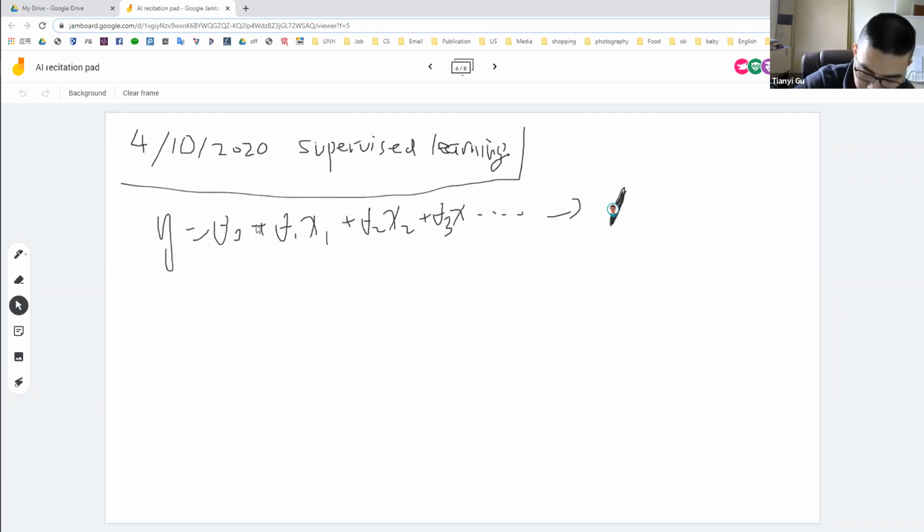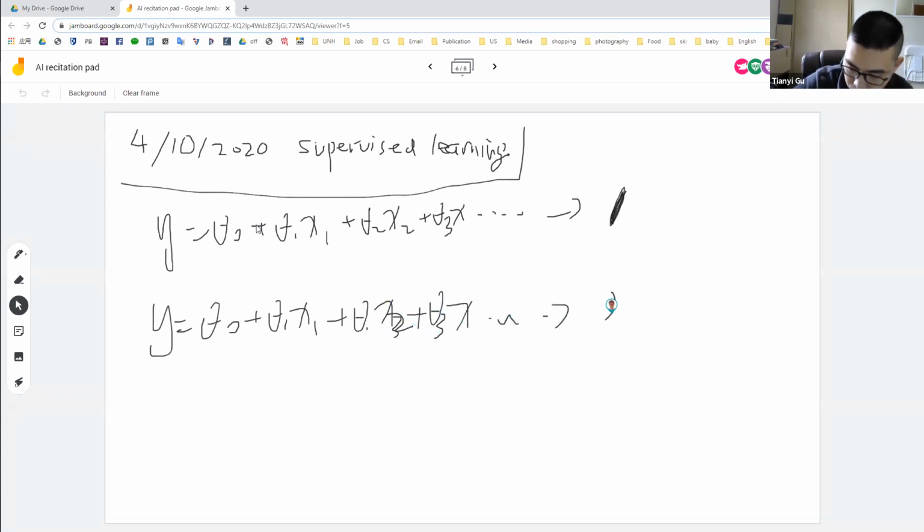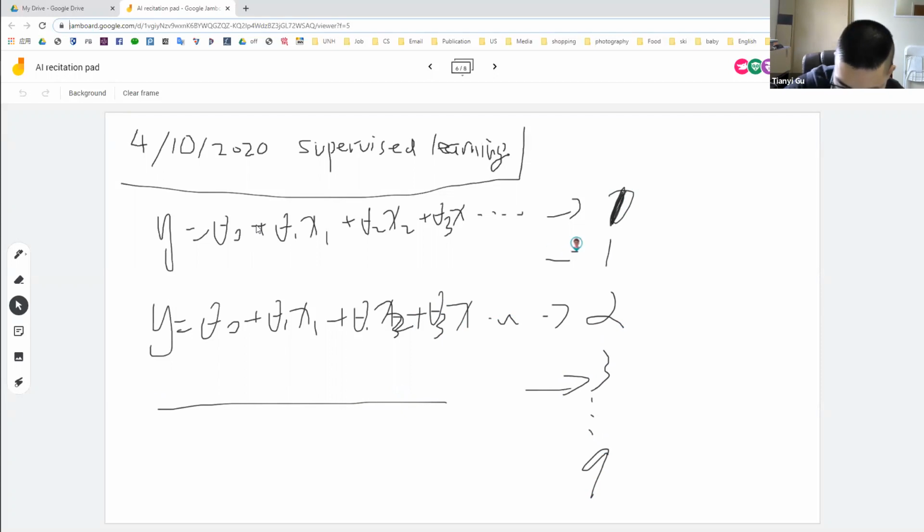Then you train another hypothesis, the same formula for LMS, for digit 2, and you do the same thing for digit 3 until digit 9. There's one for digit 0 as well, and the same for digit 1. So you have to train 10 hypotheses, 10 formulas, one for each digit.